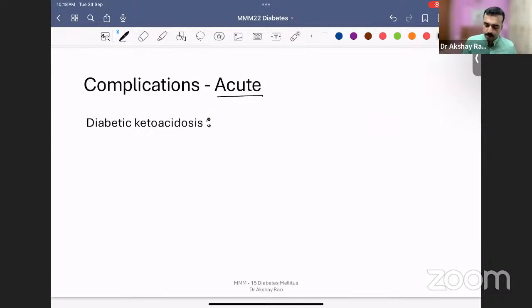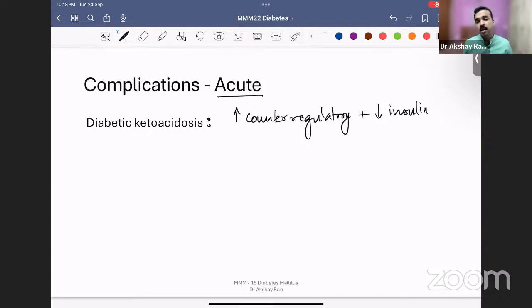So simply put, diabetic ketoacidosis is a state of very high counter regulatory hormones in the setting of very low insulin. The patient has absolute insulin deficiency and very high counter regulatory hormone levels. Why are the counter regulatory hormones high? Because the person is in stress.